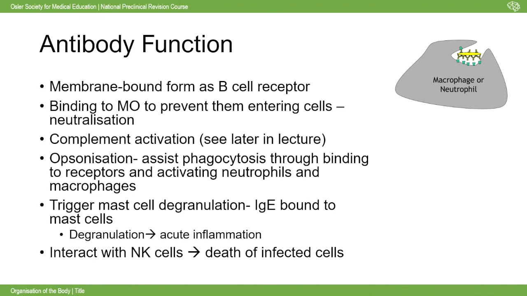Once it associates using its FC receptor, it's then able to engulf and phagocytose the pathogens. We often use the term seeing the pathogen, so it just enables those innate immune cells to see the pathogen.